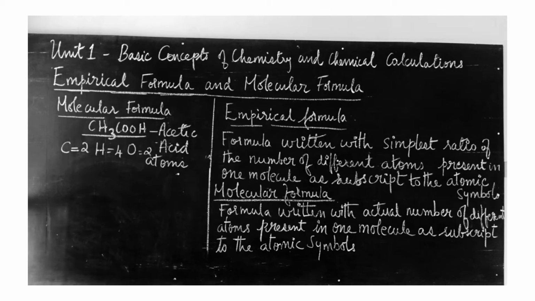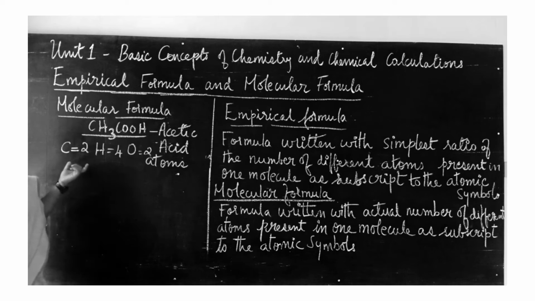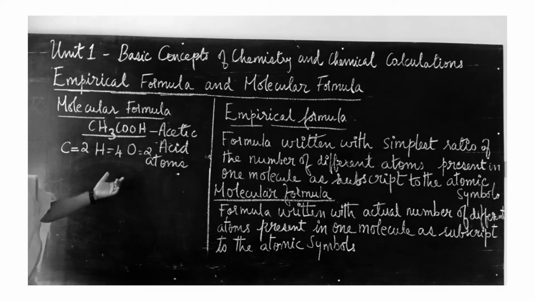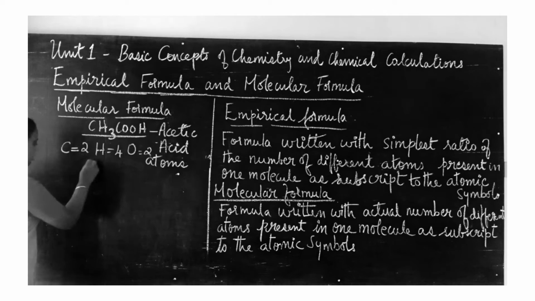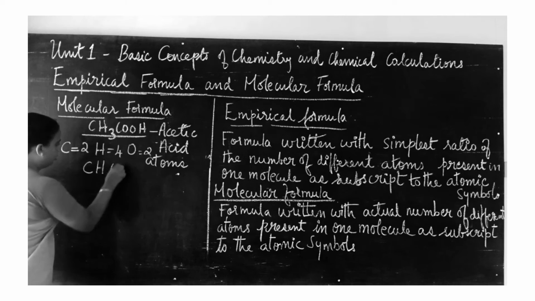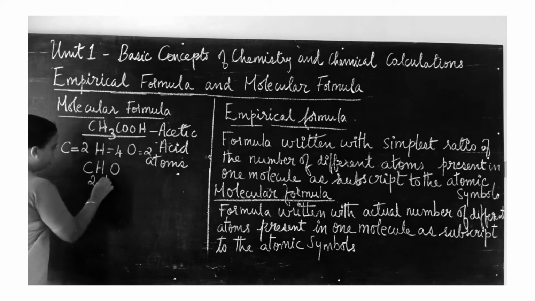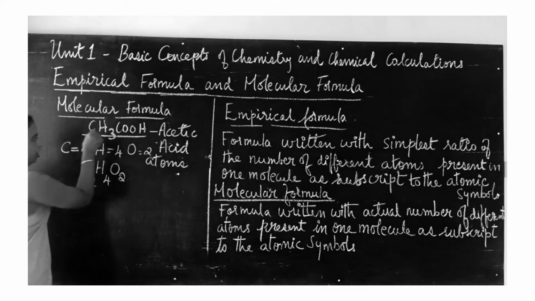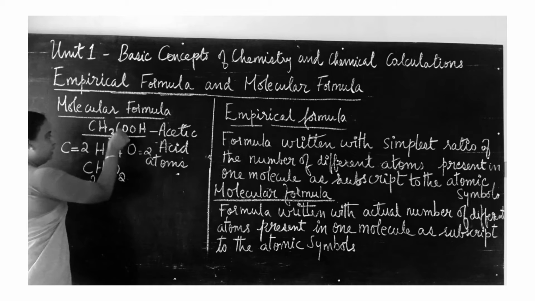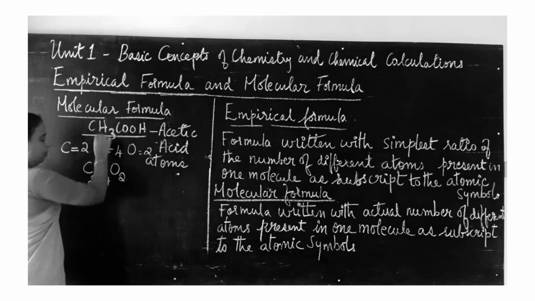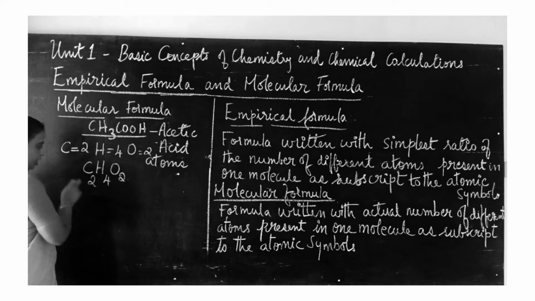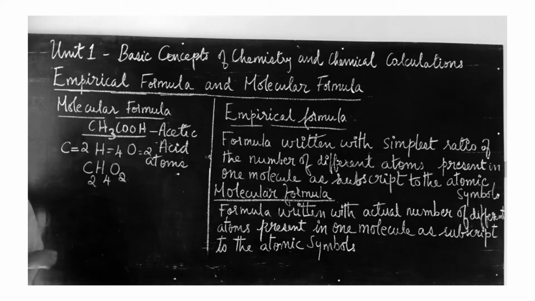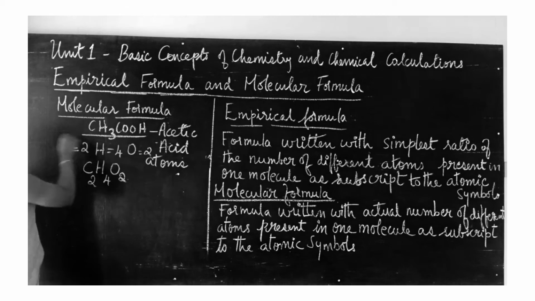Now, based on the number of carbon, hydrogen and oxygen atoms, we can write this formula in another way: carbon, hydrogen, oxygen, C2H4O2. So the molecular formula of acetic acid can be written as C2H4O2, based on the number of atoms present in the compound.